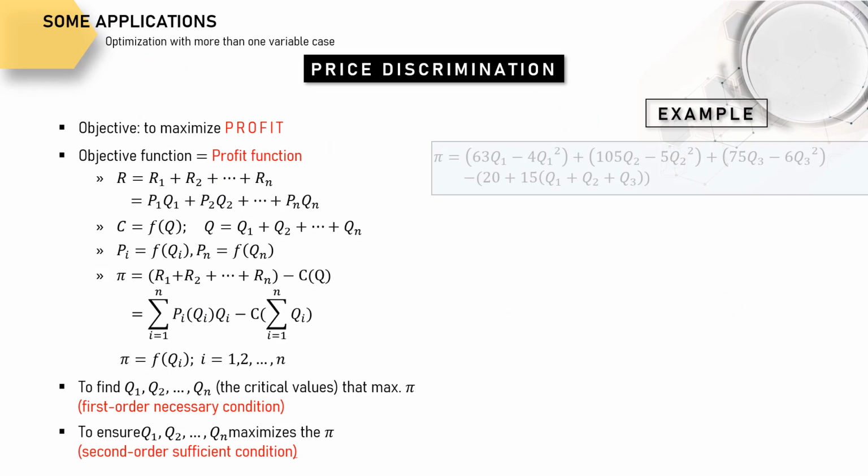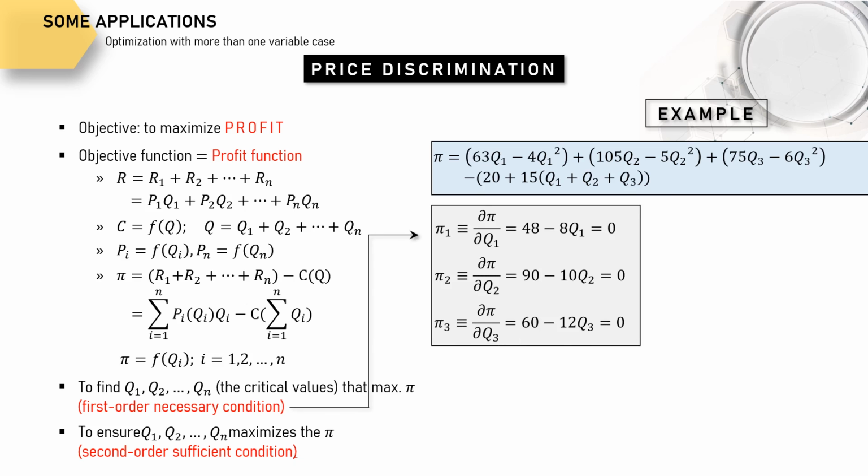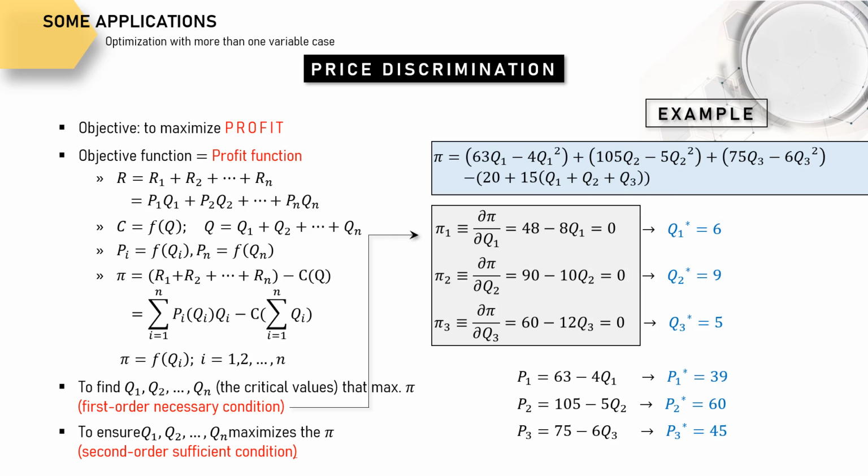Given this profit function, the first order necessary conditions require us to equalize all the partial derivatives of the objective function with respect to each of its choice variables like this. The equations here are easy. We can get all the critical values immediately. Knowing all the quantities, we get the price level charged to different groups of customers. At the end, we can find the expected maximum profit of the firm.